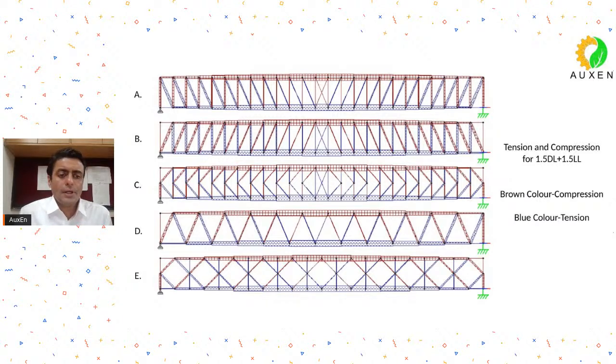So if load reverses, let's say there is a load reversal in A, maybe due to wind or due to some other factors, then there will be tension or compression in type A. So in case of load reversals, type A diagonals will come under compression. That load reversal may be due to wind or in some cases due to moving loads.